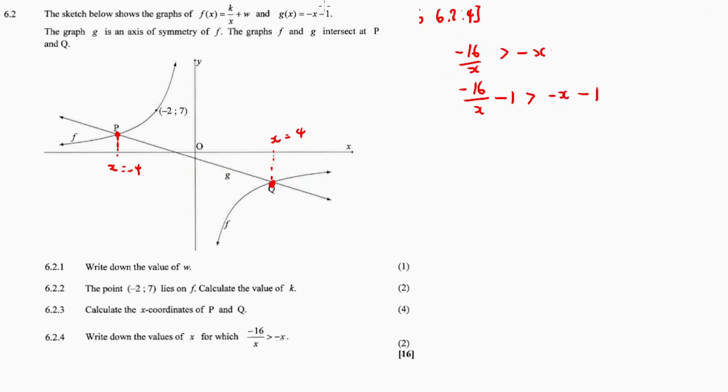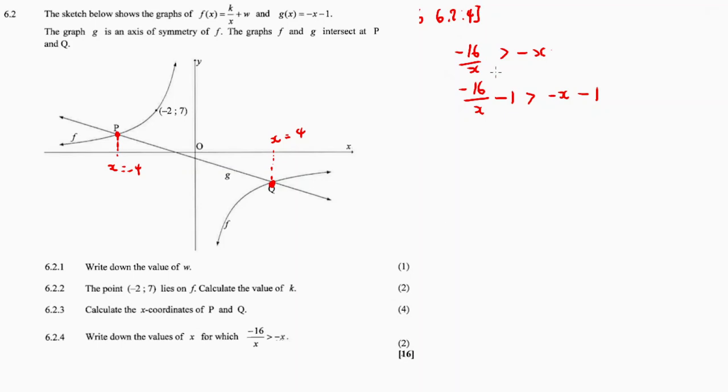It's this minus 1. So everything I do on the left hand side, I must also do on the right hand side of the equation. Why do I subtract 1? It's because minus 16 over x is actually this function f, shifted by minus 1. And this minus x is the function g, also shifted by minus 1.